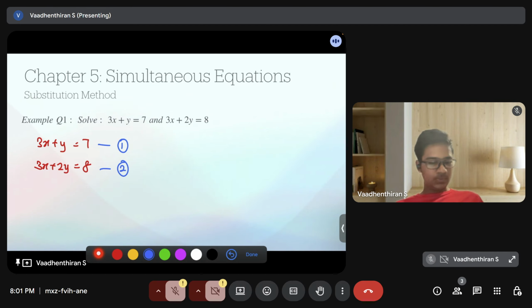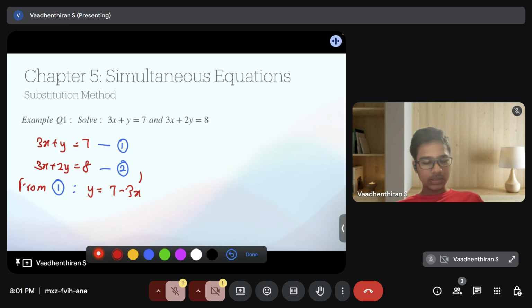Now you can write the first equation as, from equation 1, y equals 7 minus 3x. You need to make something the subject, either x or y, for any of the equations.